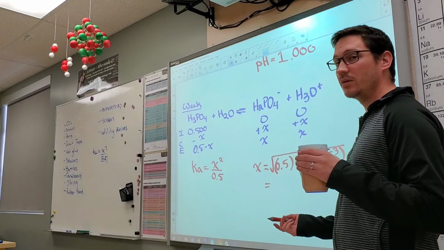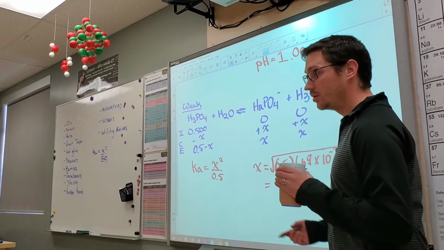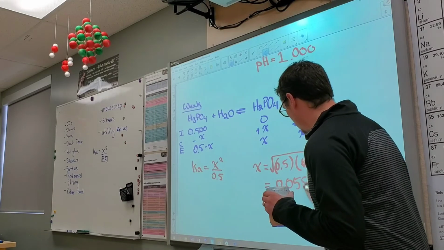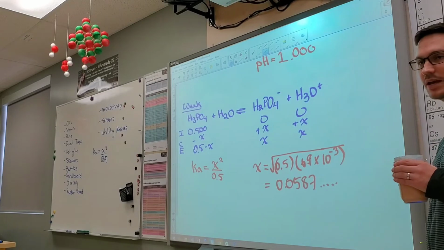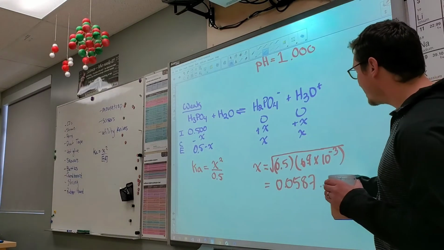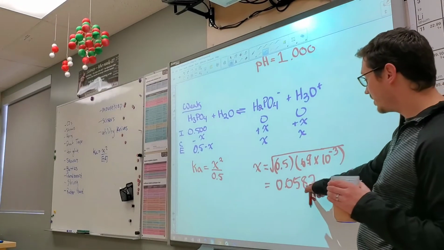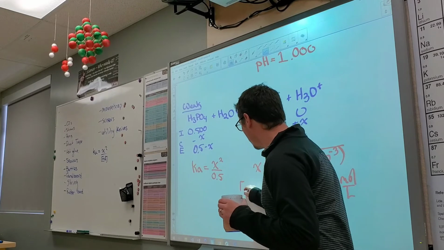Okay, what did we get? I get 0.0587, and so on. It doesn't really matter, does it? Okay, so this is the concentration of what? This is X, right? And X represents the concentration of hydronium.